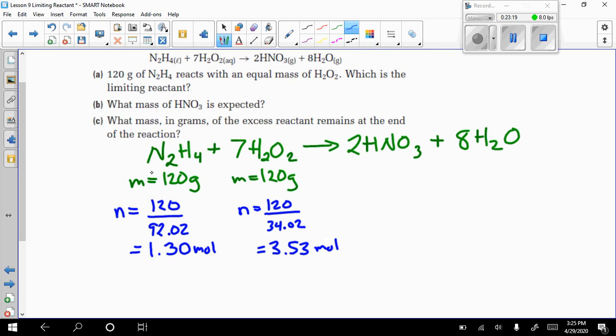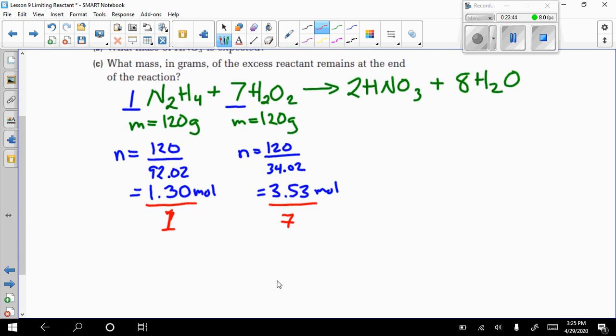Okay, so again, at this point, we've only done the first step of finding the limiting reactant, because we have to now consider the coefficients, because obviously the hydrogen peroxide gets used up a lot faster. Every time one molecule of the N2H4 disappears, 7 of the H2O2 disappear. So for part 2 of limiting reactant, we're going to divide this by 1, and we're going to divide this one by 7.